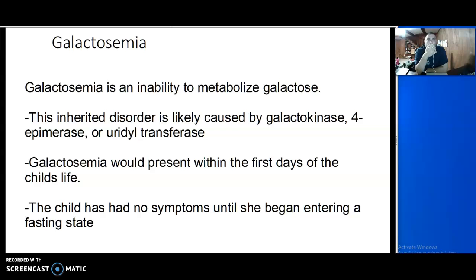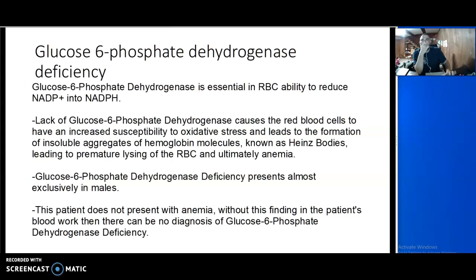They usually have almost no deficits if added quickly, although there are some cases where they are injured very quickly. And again, this would present when the child has eaten and is in the fed state, as opposed to beginning to show only when she enters the fasted state.